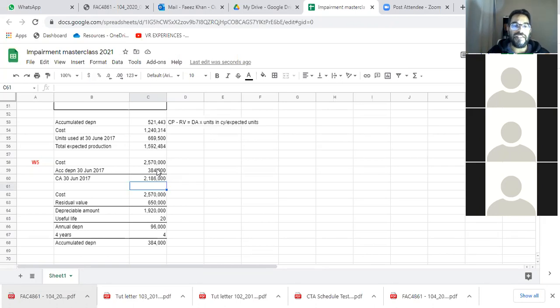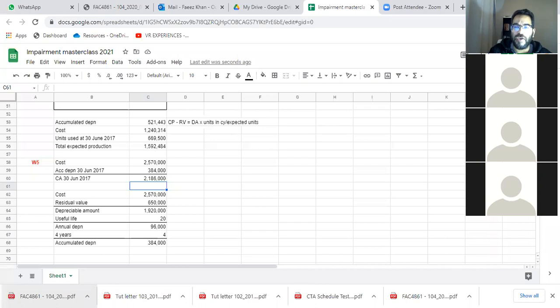If the answer is yes, then you allocate a portion. If the answer is no, then you have to follow a different pathway. So over here, they told us that the factory can be allocated on a reasonable and consistent basis. That is why we included the carrying amount of the factory in the carrying amount of the CGU. Okay, so that means we need to do an allocation.